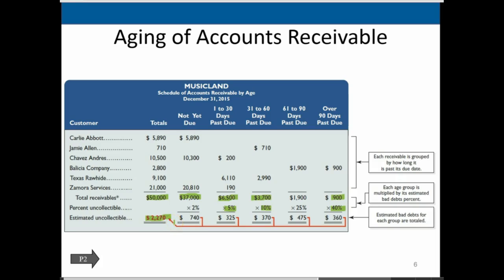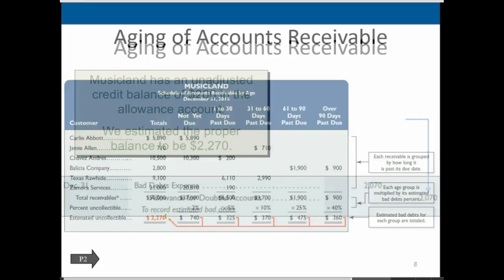Now note that when we're taking the balance sheet approach, we have to think about what's already in the allowance. When we're looking at the income statement and thinking about how much of those sales are not going to be collectible, we don't have to think about what's already on the balance sheet. But in this case, we're thinking about how much of this 50,000 on the balance sheet is not going to be collectible, and there's already going to be an amount in the allowance. So whatever amount is in the allowance now, we need to adjust it to whatever our new number is.